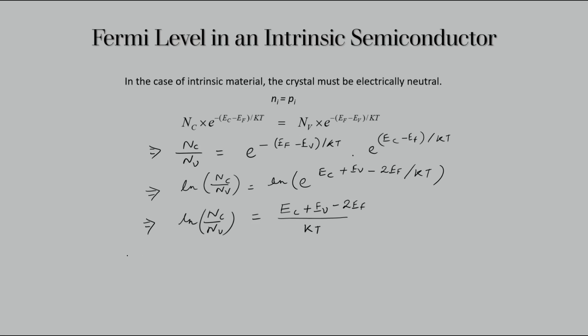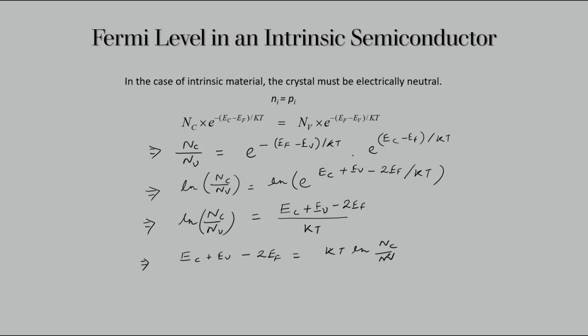Now if I bring this kT term to the left hand side, this will be Ec plus Ev minus 2Ef equals kT ln Nc by Nv.